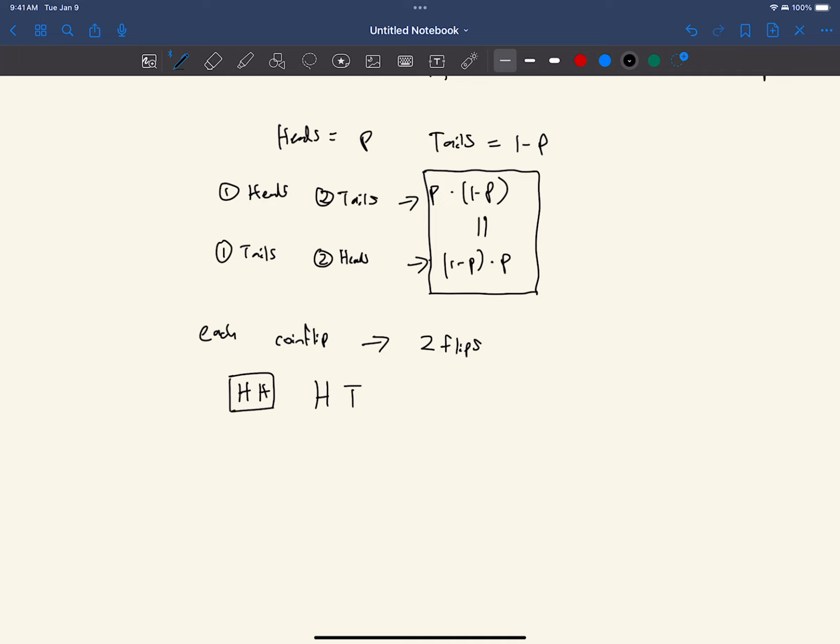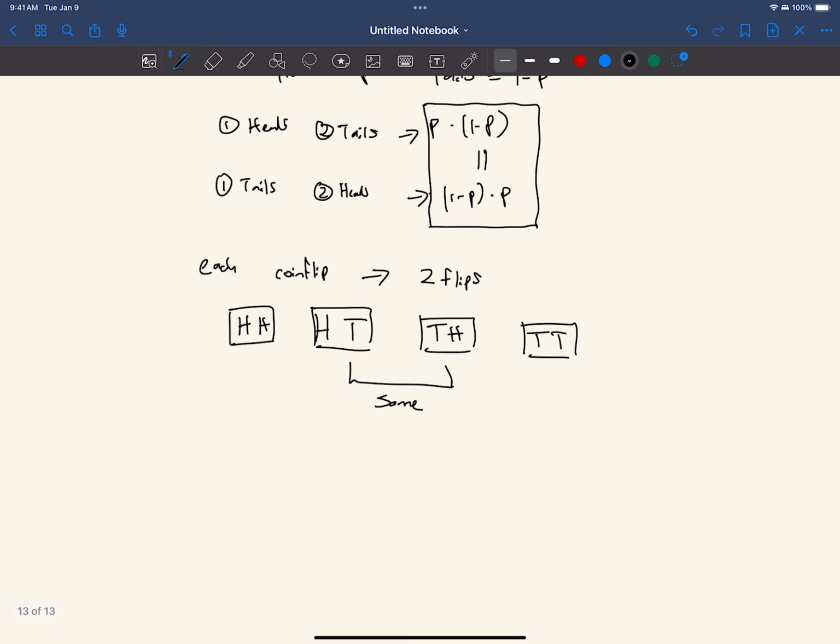We get heads, tails. We get tails, heads. We get tails, tails. But we know the probability of these are the same. So if we do just rounds of two flips of this coin, and we throw out all the cases of heads, heads, and tails, tails, we're left with a fair coin, right?